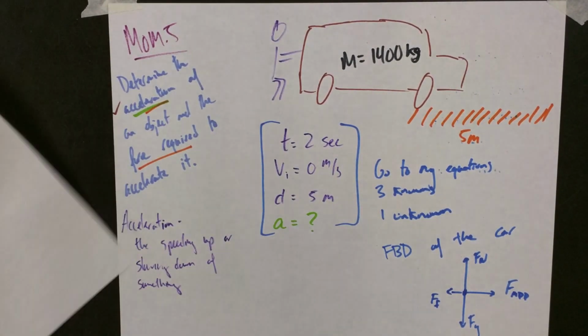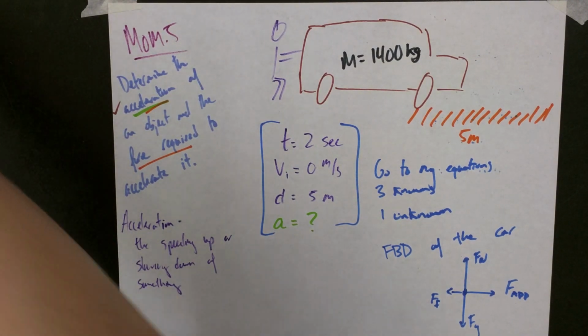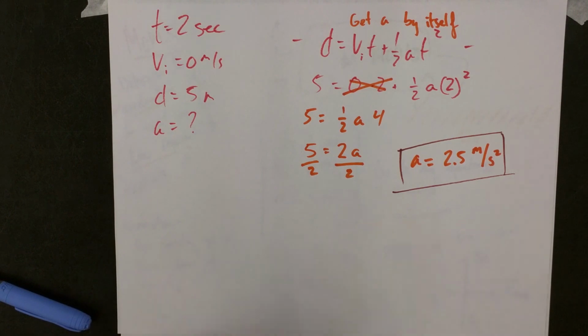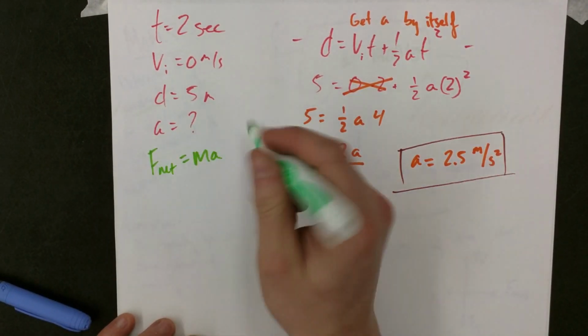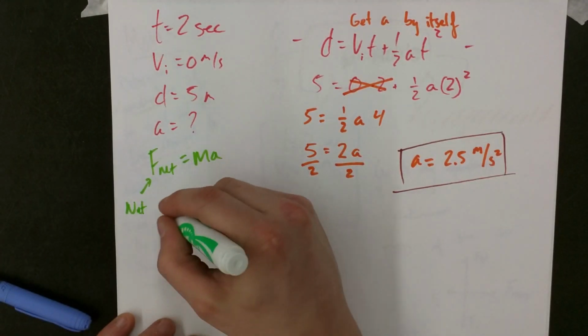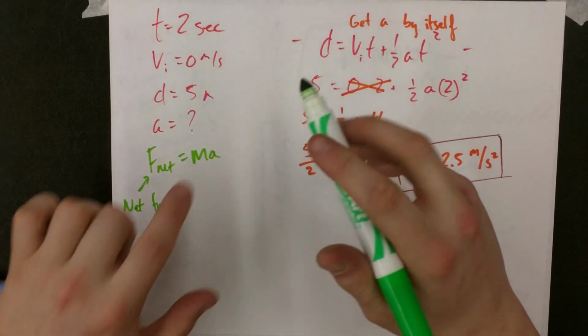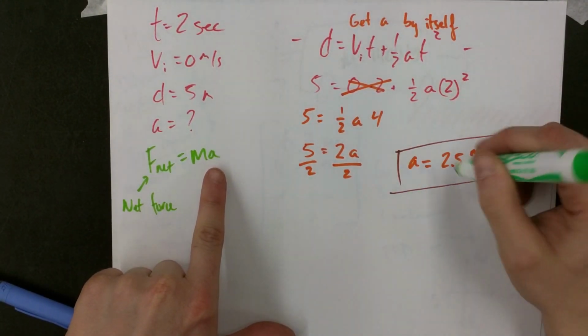The last part, in order to solve for the force, is to use F net equals ma. This is the net force, or the sum of all your forces is equal to mass times acceleration. Look at this. We just solved for acceleration.